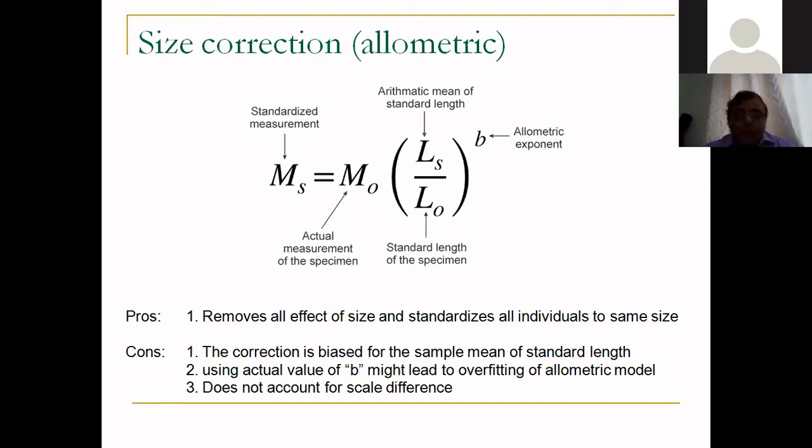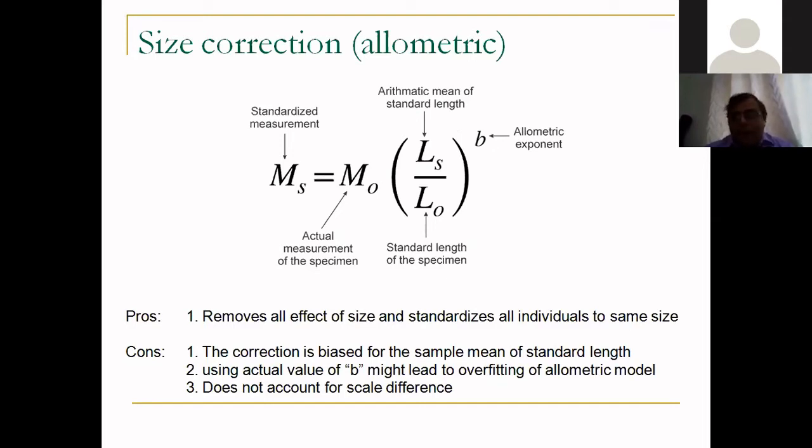One problem is the correction is biased to the sample mean, because you are collecting a sample and standardizing based on the sample mean. The standardized values that you get are biased to the sample size that you have. If you are using actual values of exponent b in these cases, then it might also lead to something called overfitting of an allometric model.